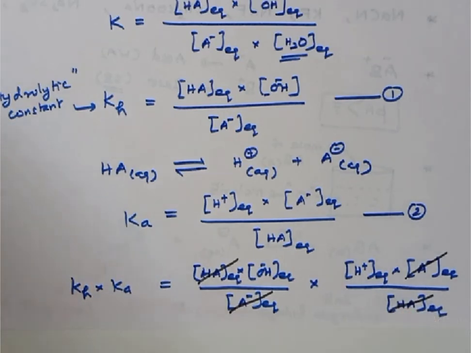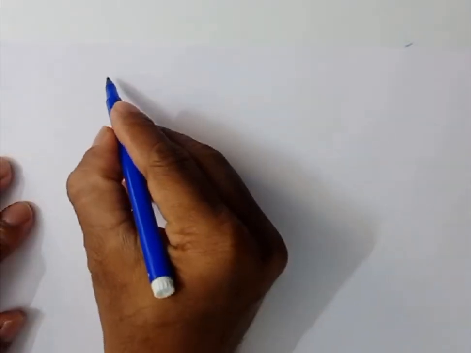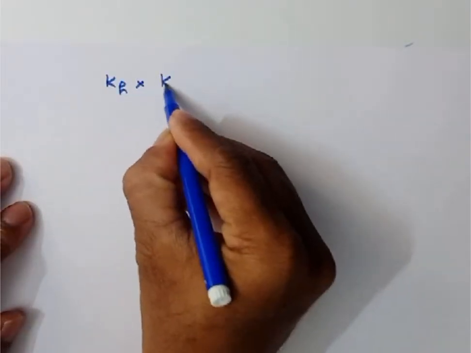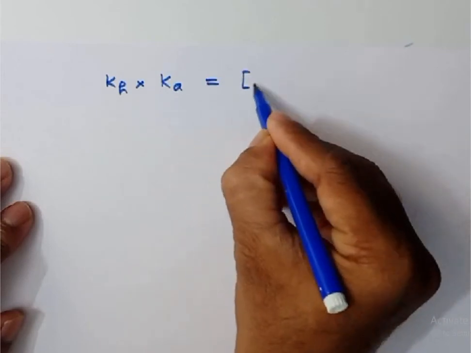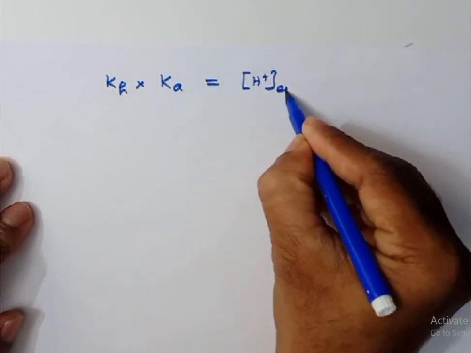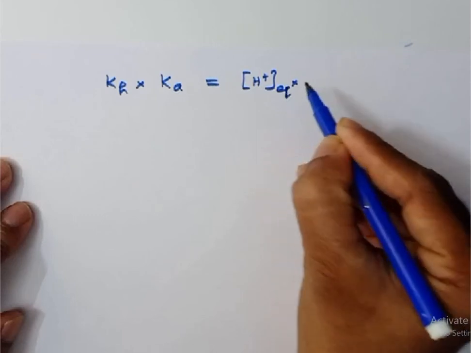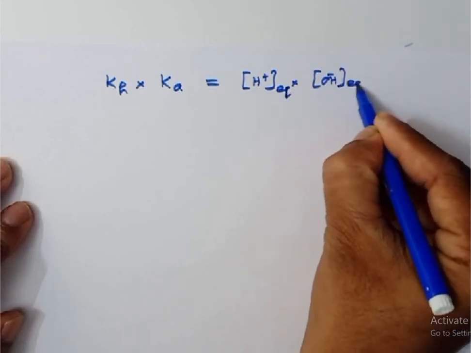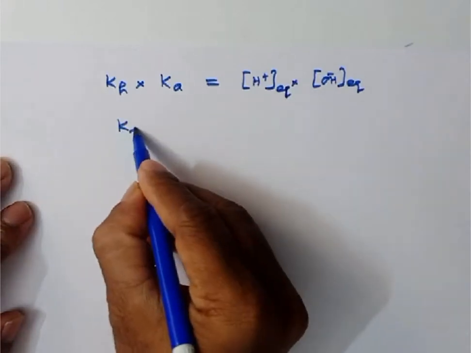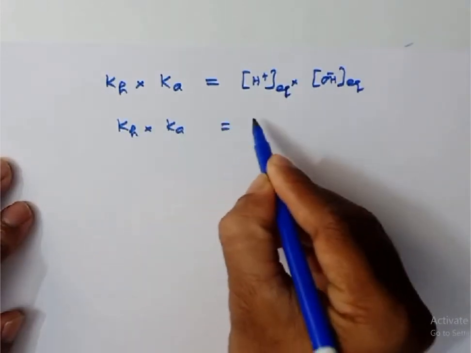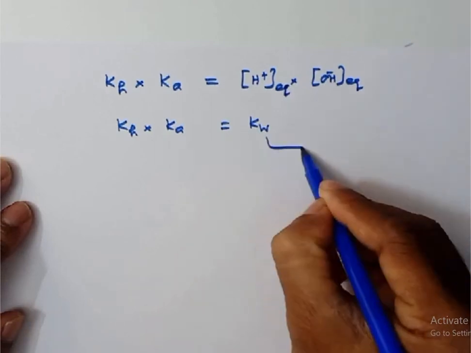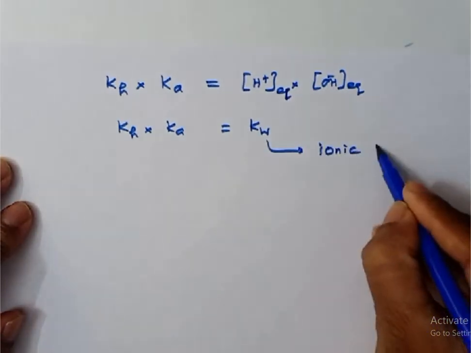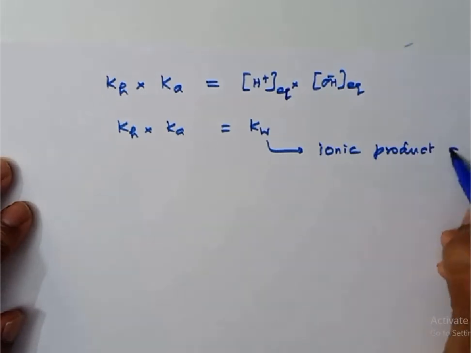So what we get is KH into Ka is equal to the product of the H plus concentration at equilibrium and the OH minus concentration at equilibrium, and this product is what we call KW, where KW is called the ionic product of water.